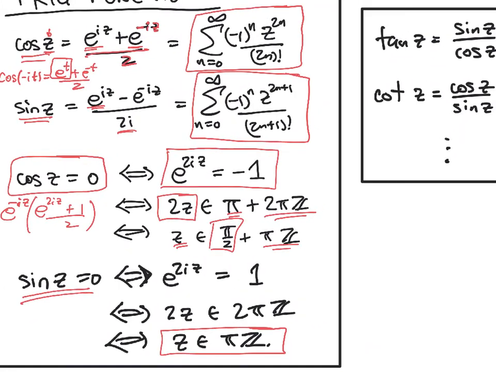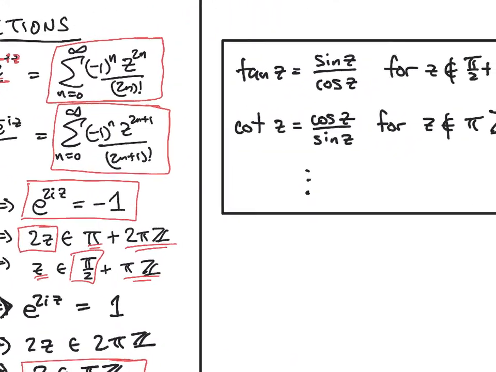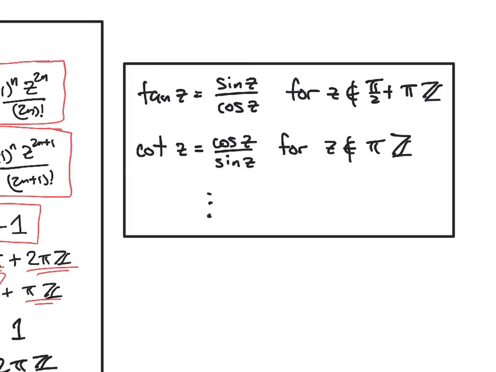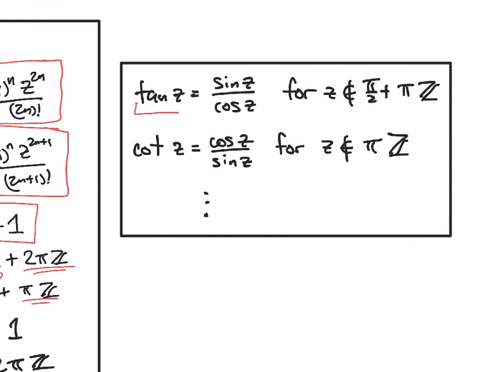Okay, and then we can define other trig functions just based off of these, and they'll be holomorphic whenever they're defined. So tangent of z will be defined as sine over cosine, and it's defined whenever cosine is non-zero. Cotangent is defined whenever sine is not 0, and you can define cosecant and secant in a similar way.